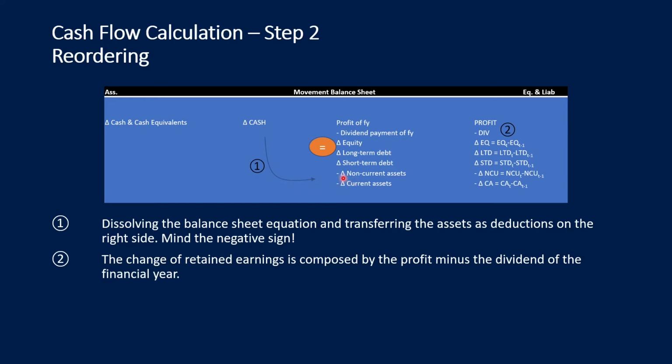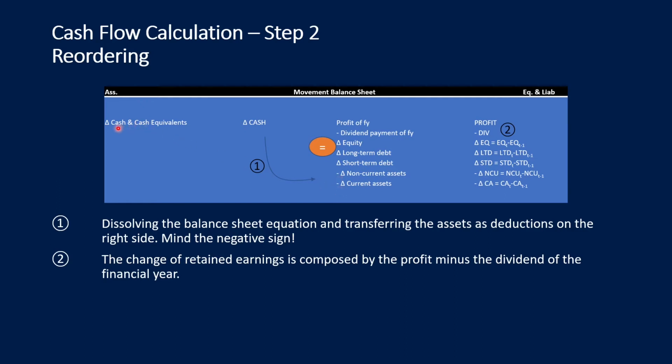Here we now have the change of the non-current assets and the change of the current assets. Of course, like in mathematics, since we're deducting on both sides, they will now get a negative sign, a minus sign. Don't forget that. Everything that comes from the asset side and swaps the side has to get a negative sign in front.